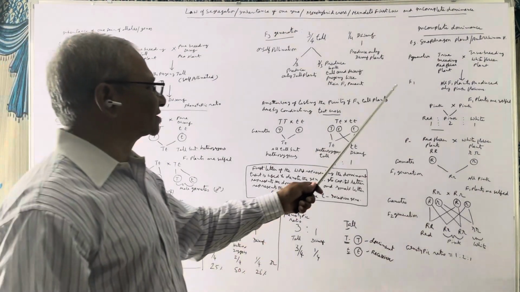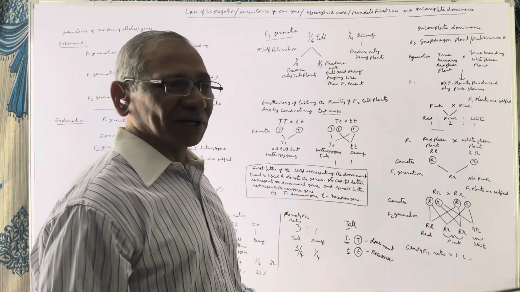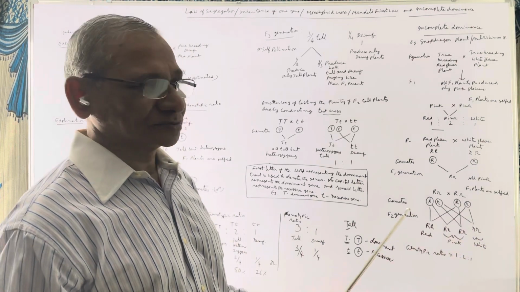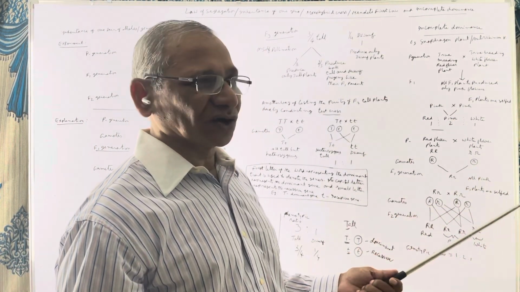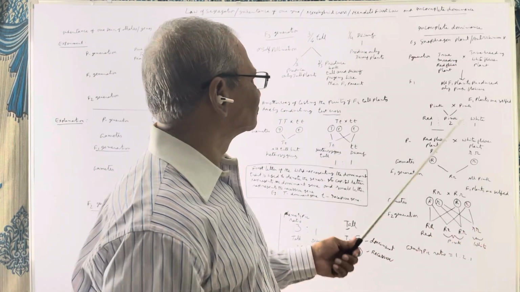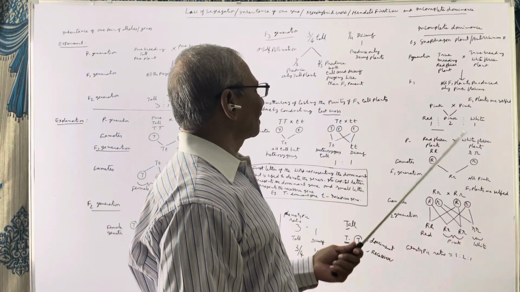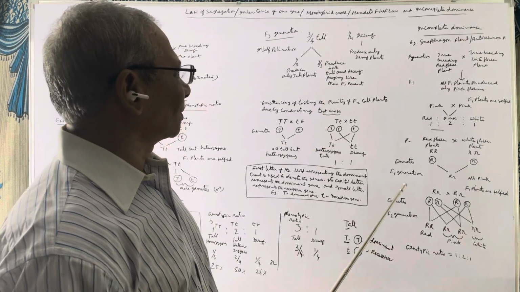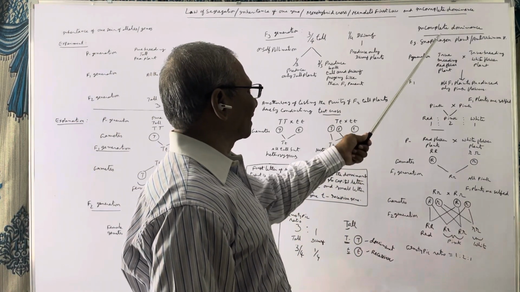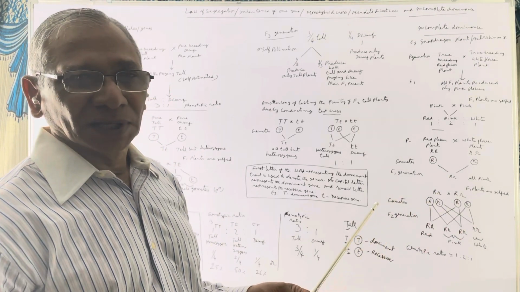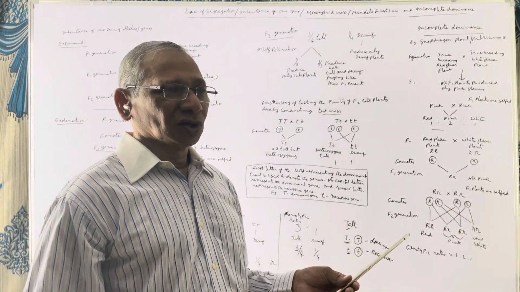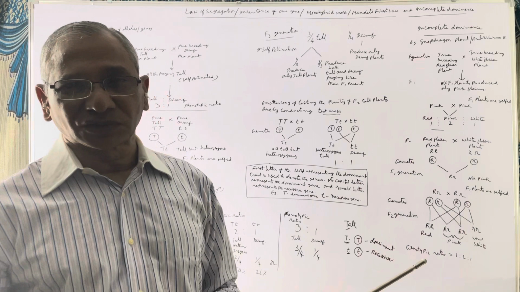But here, in this case, the dominance is not complete. In incomplete dominance, there is no domination of one gene over the other gene. The best example for studying incomplete dominance is snapdragon or antirrhinum plant. These plants produce two types of flowers.